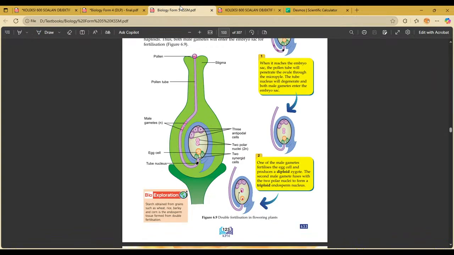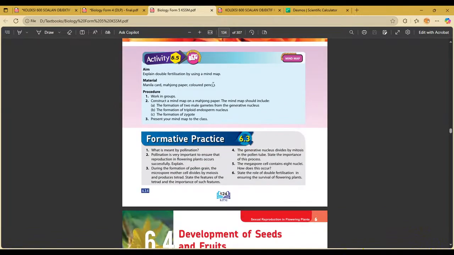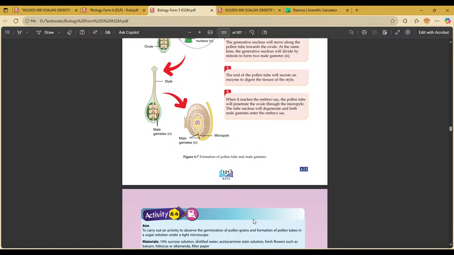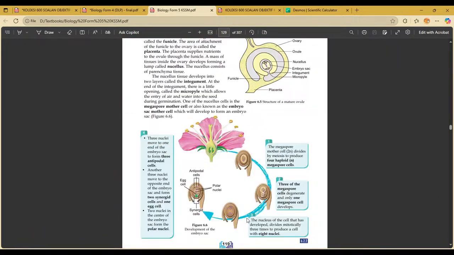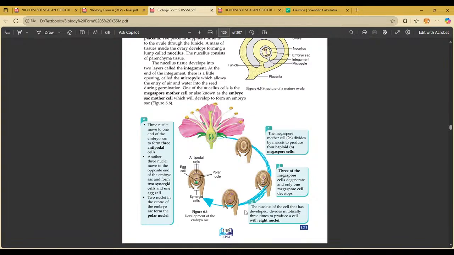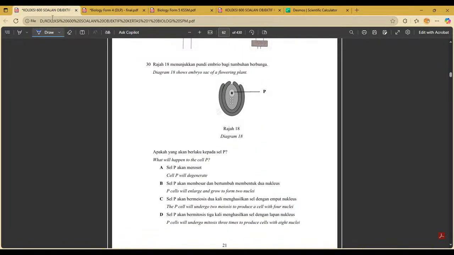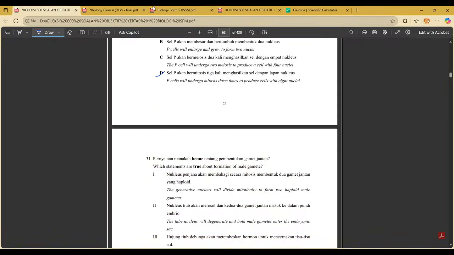What happens to it? Megaspore mother cell divides mitotically 3 times to produce a cell with 8 nuclei.